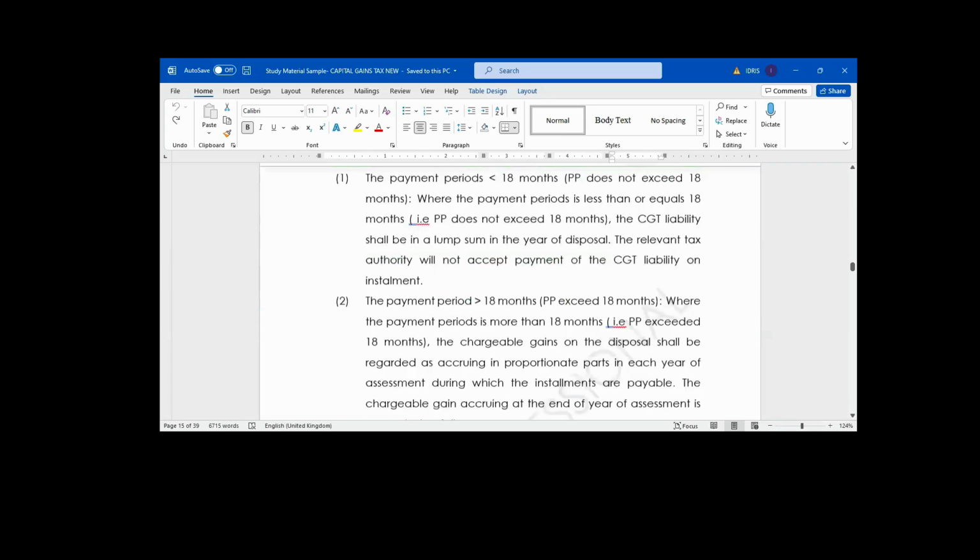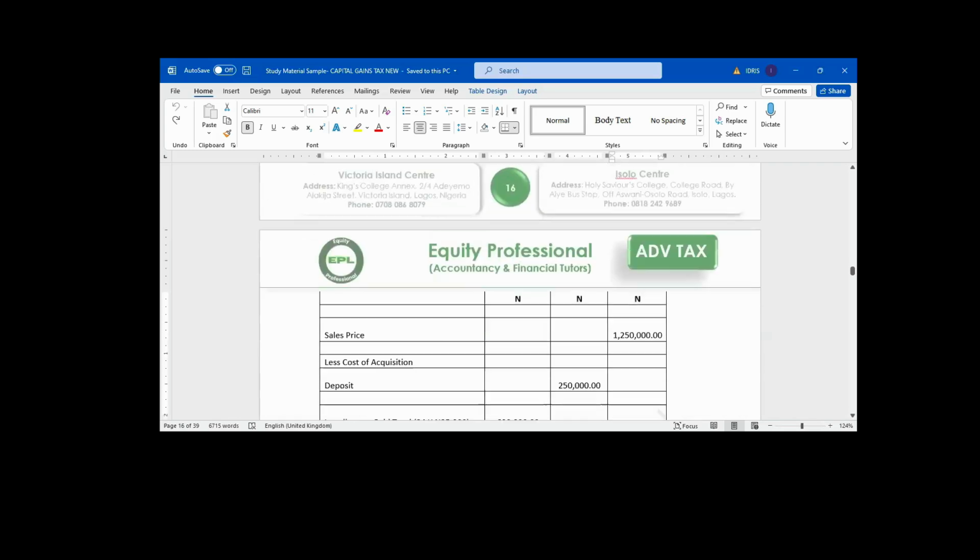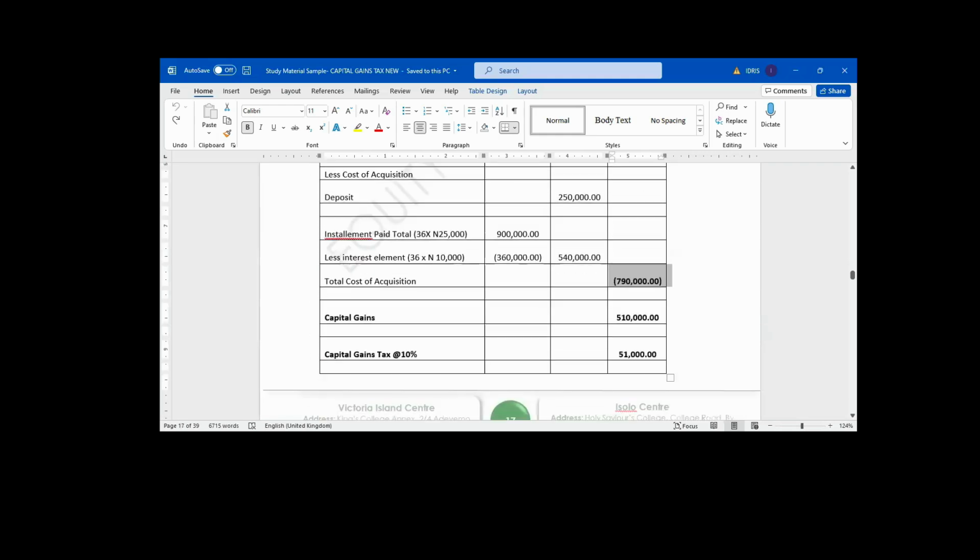So let's look at an illustration as regards to that.